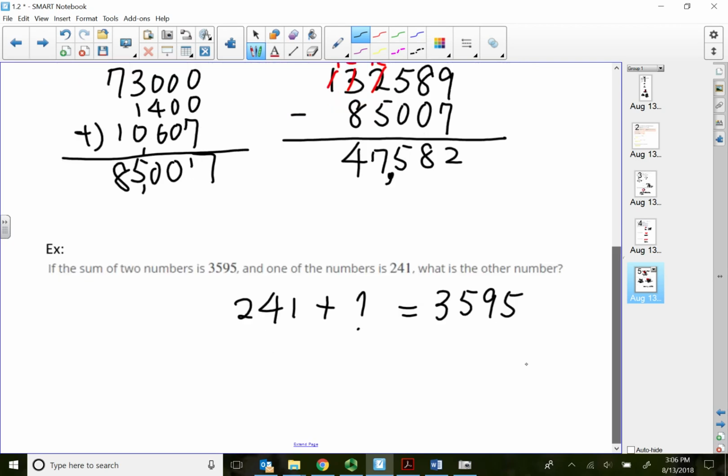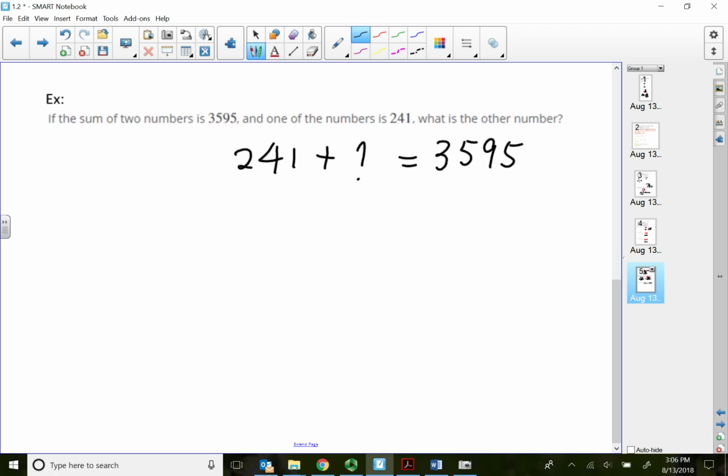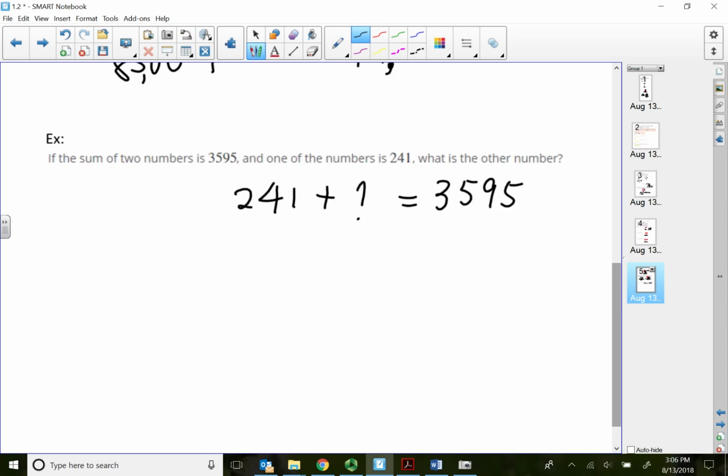So to find the other number, we'll do the backwards operation, which is subtraction. So in a way, these problems kind of get you started thinking about algebra. Algebra is everything that's backwards. It begins to get you thinking about that.